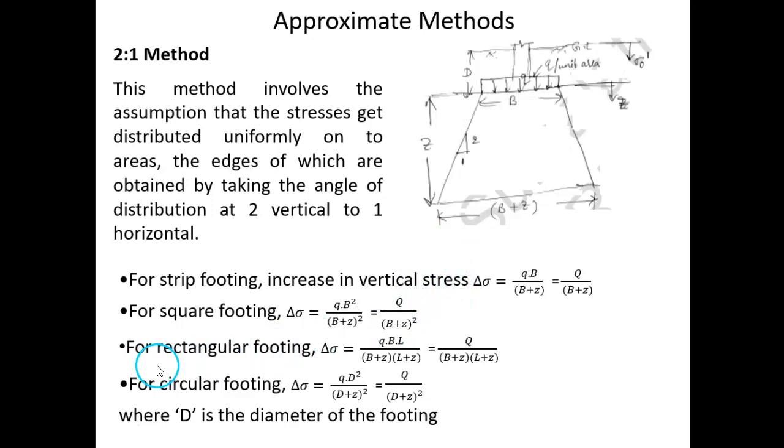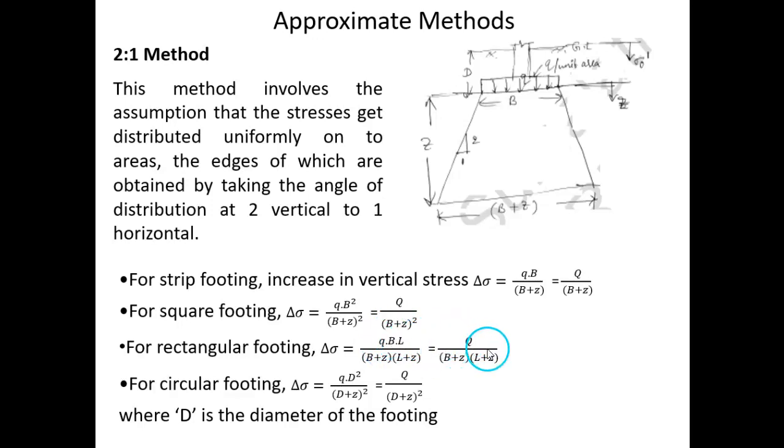And if it is a rectangular footing, then total load is equal to q into B into L. Suppose the intensity is given as q, then we should find the total load, for which we have to multiply with the area of the footing. When you multiply the intensity with the area of the footing, you get the total load on the footing.